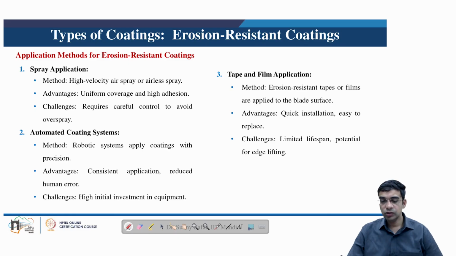In this method, erosion resistant tapes or films are applied to the blade surface. These methods have quick installation and are easy to replace. However, the challenges in this method include limited lifespan and potential for edge lifting.